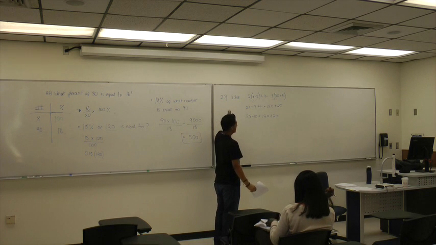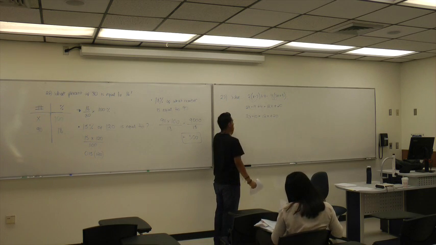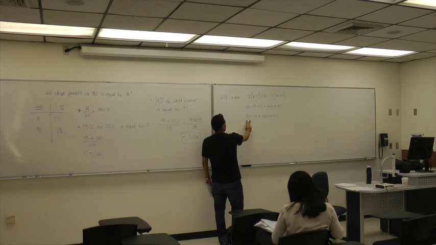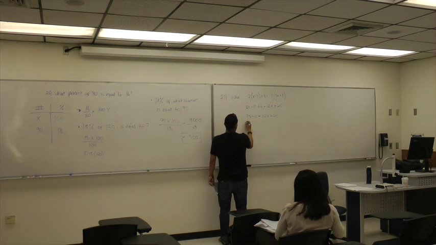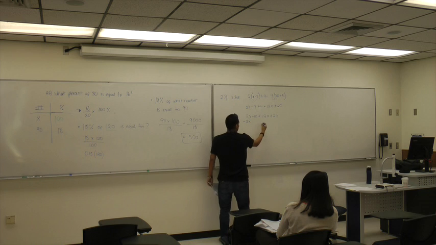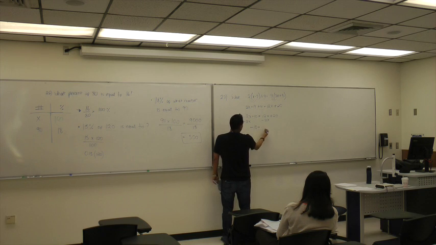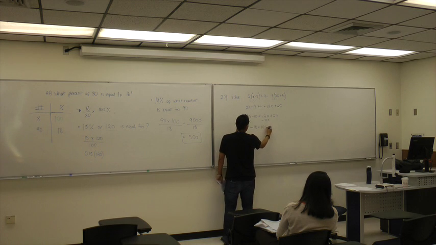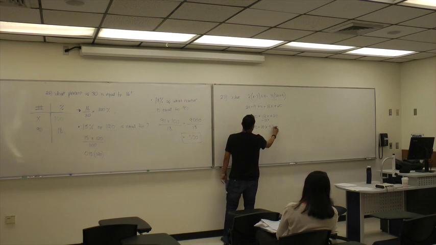You want to bring all the variables to one side and all the numbers to the other. So let's bring the variables to the right side. We subtract 2x from both sides, so they cancel on the left. We have negative 10 equals 12x minus 2x, which is 10x, plus 20.